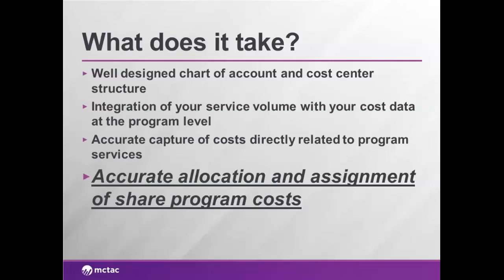But the organization then cannot tell what the true cost and revenues are for these individual programs because they don't break them out correctly. So on your general ledger, in your chart of accounts, you really need to be able to understand and capture costs at a specific program level.